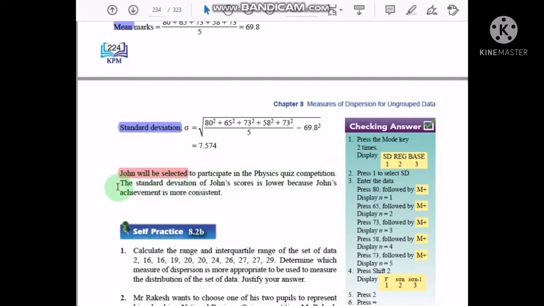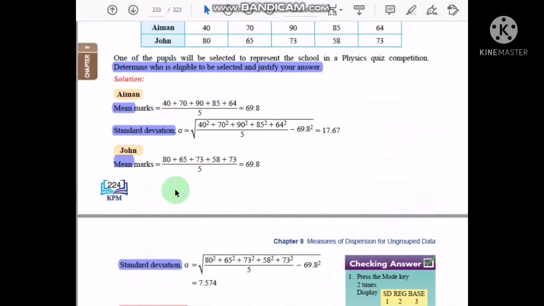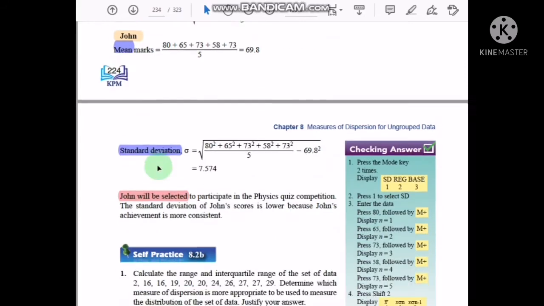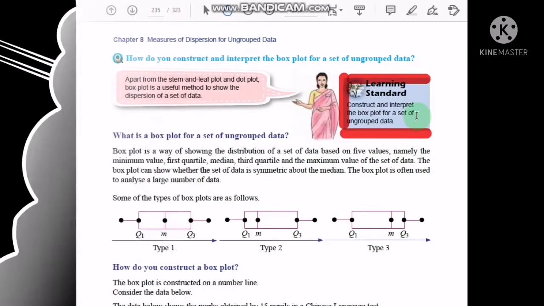Justification: the standard deviation of John's score is lower, because John's achievement is more consistent. This is how you choose among the four types of measure of dispersion. I hope that you can understand. We are done with this one.